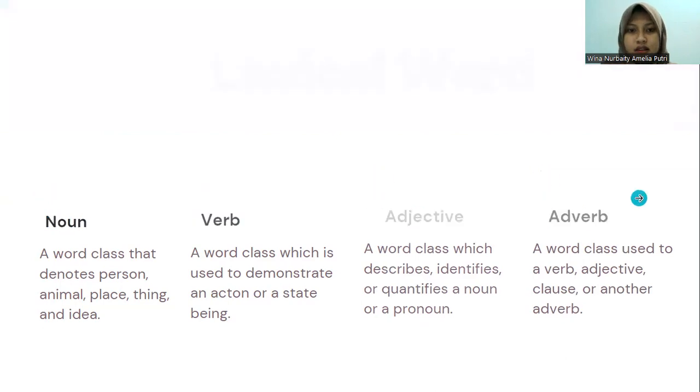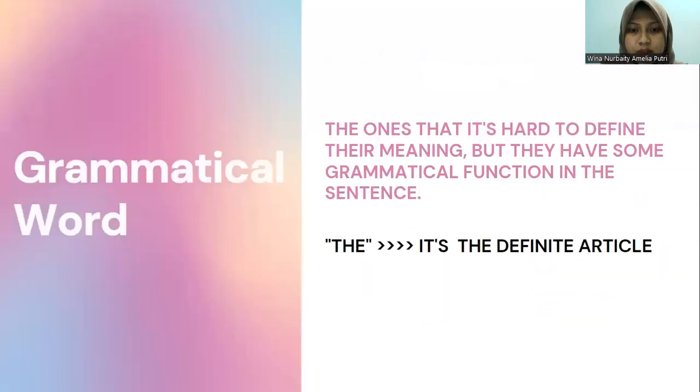Next, grammatical words. Grammatical words are the ones whose meaning is hard to define, but they have some grammatical function in the sentence. For instance, what does "the" mean?